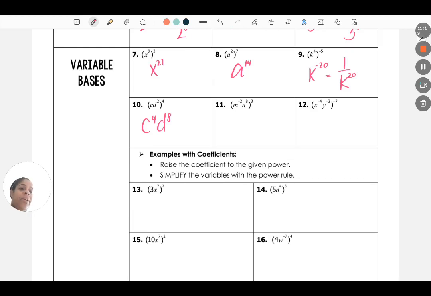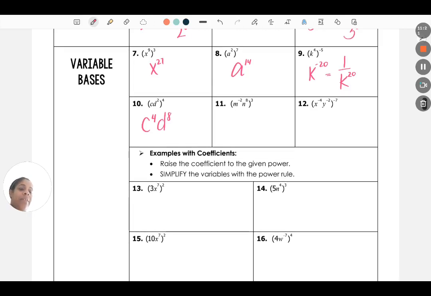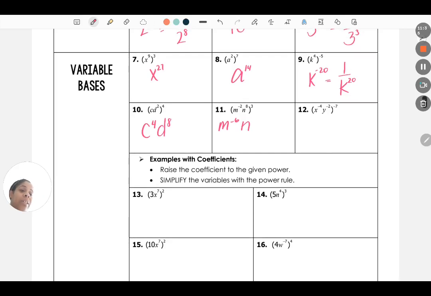All right. We have M raised to the power of -2, and -2 times 3 is -6, and N raised to the power of 8, and that times 3 is 24.